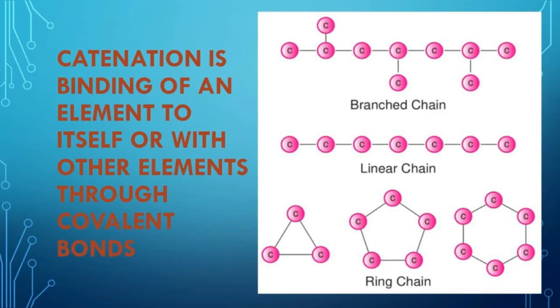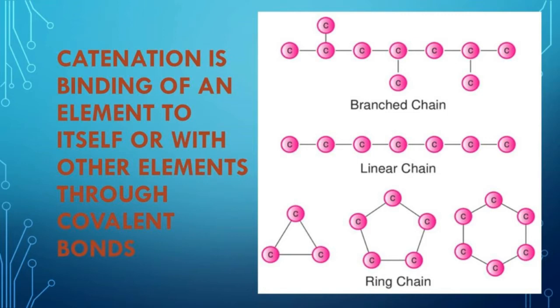Catenation. Catenation is the binding of an element to itself or with other elements through covalent bonds to form open chain or closed chain compounds. Carbon is the most common element which undergoes catenation and forms long chain compounds. A carbon atom links repeatedly to itself through covalent bonds to form linear chain, branched chain, or ring structures.